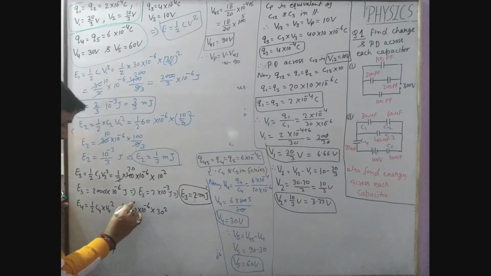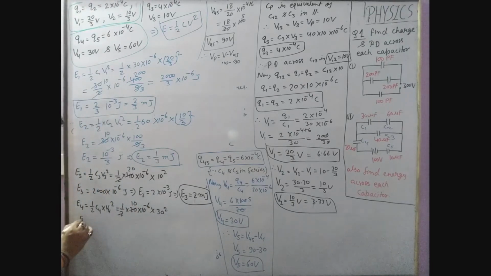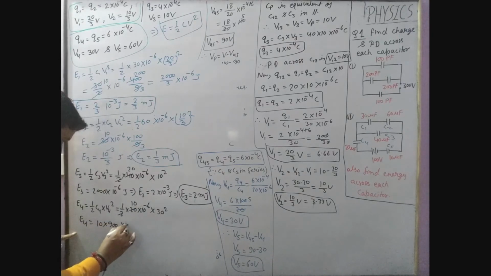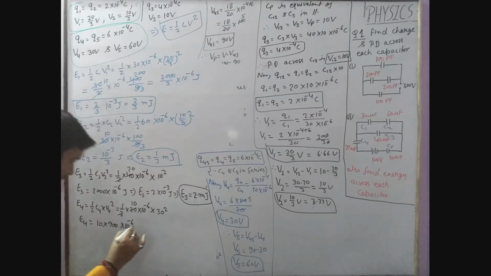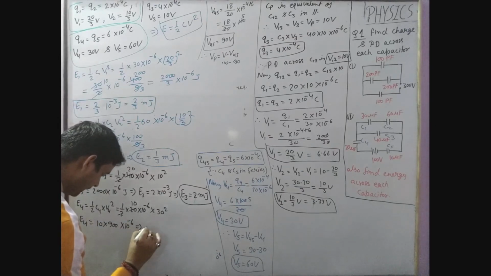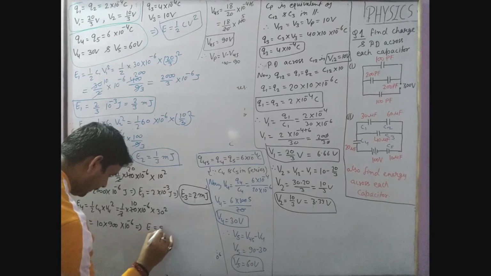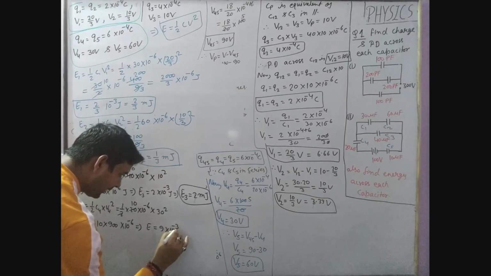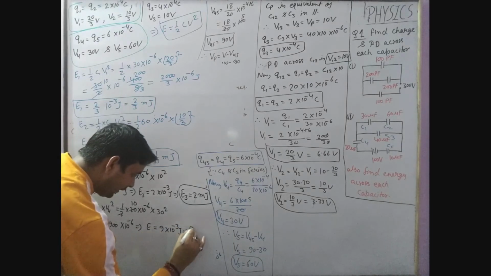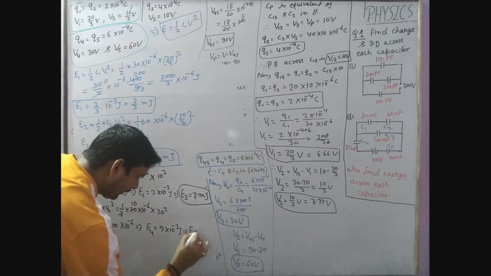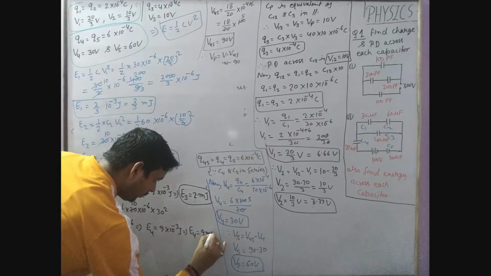This cancels by 10 times, therefore E4 is 10 into 900 into 10 to the power minus 6. On solving you will get 9 into 10 to the power minus 3 joule, or you can write E4 is equal to 9 millijoule.